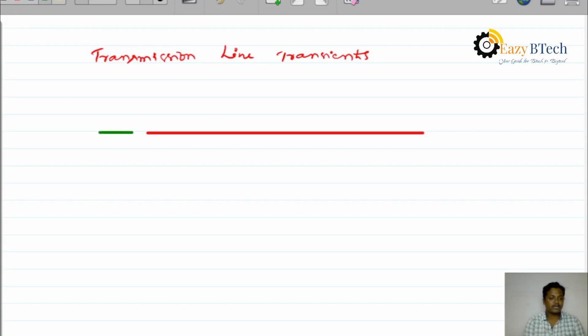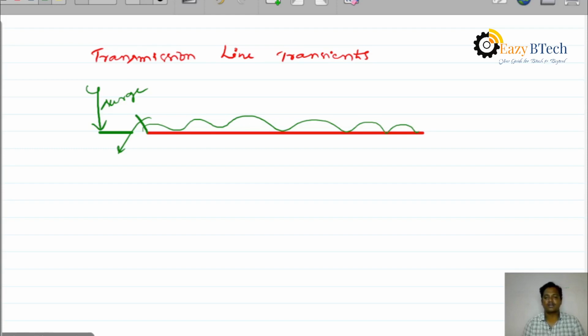Suddenly, if you connect a generating station, or any surge, such as a lightning stroke, the surge will be induced in the transmission lines. If you close this switch, the surge travels through the transmission line.